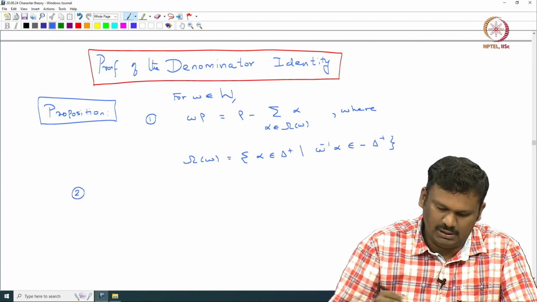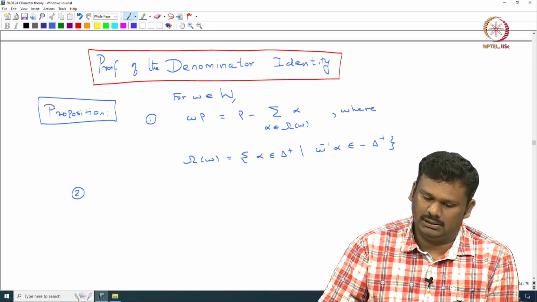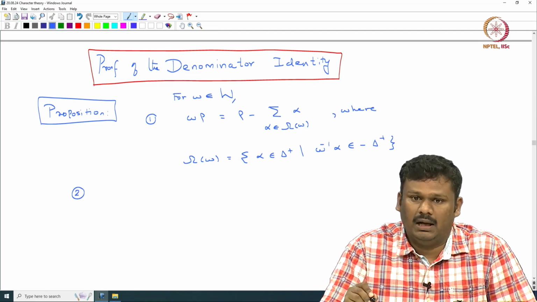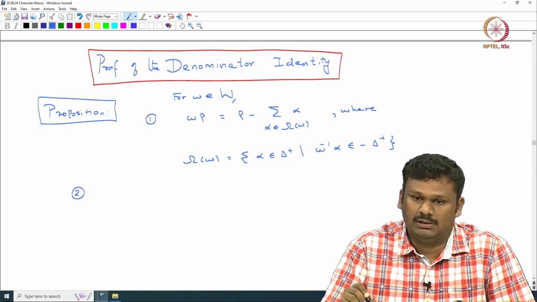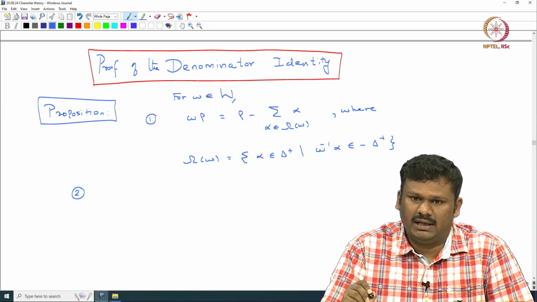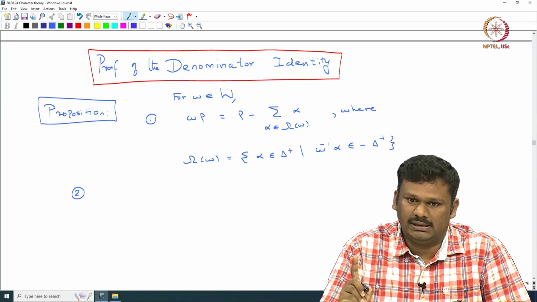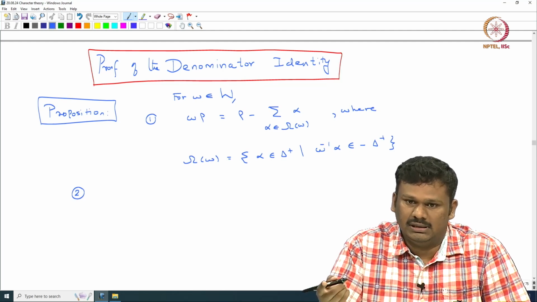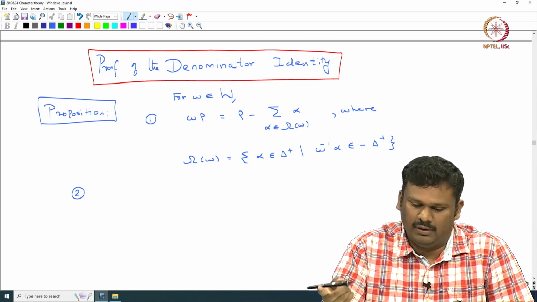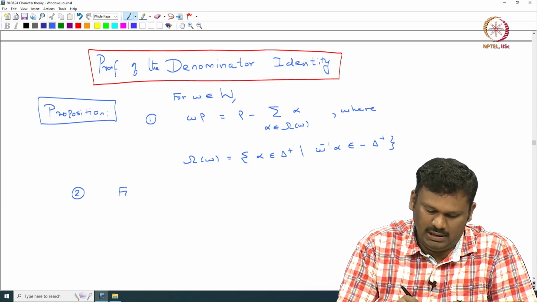The second statement: when you take something of the form rho minus the summation of alpha, alpha in omega, for some subset omega of delta plus, then we have two choices. Either it is in the reflecting hyperplane H alpha for some alpha in delta plus, or it must be of the form W rho.